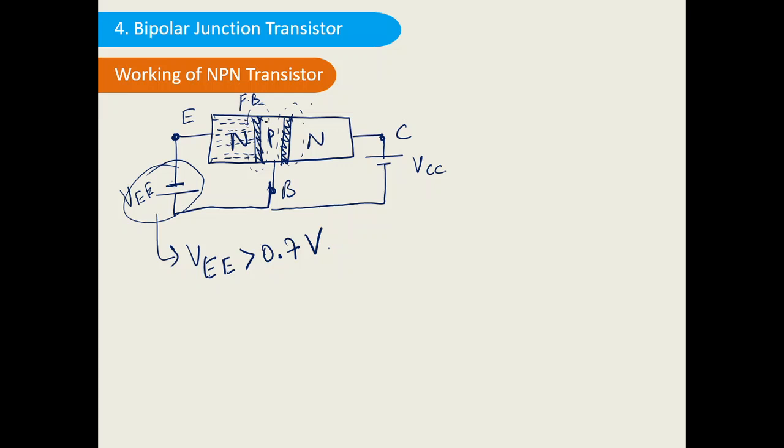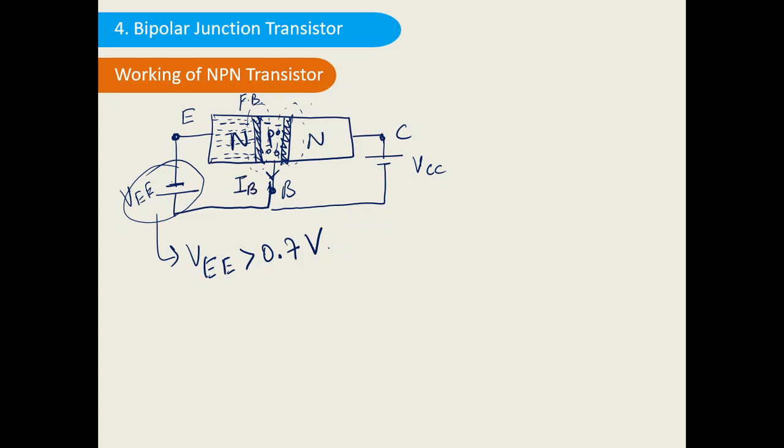The base is P-type, made up of holes as the majority charge carriers. So these electrons recombine with the holes, resulting in a small amount of base current.